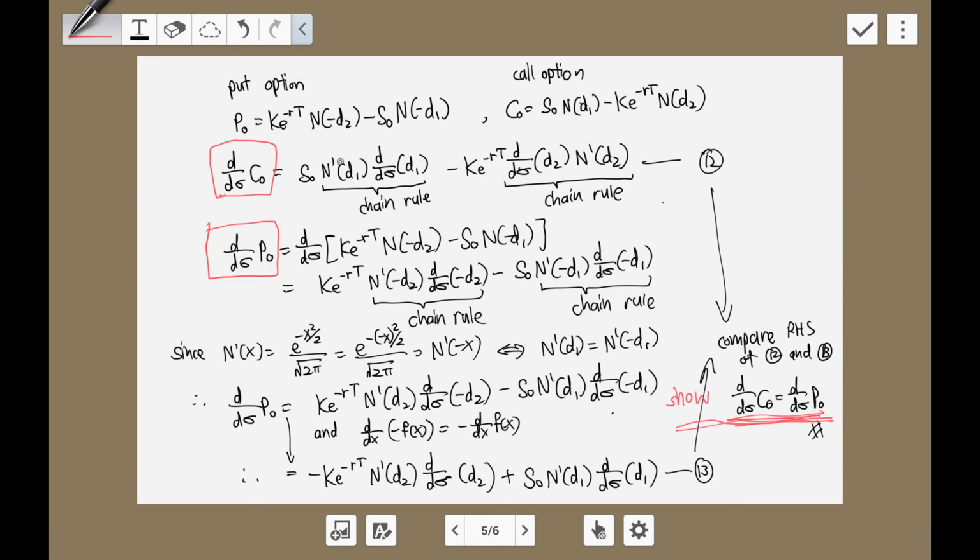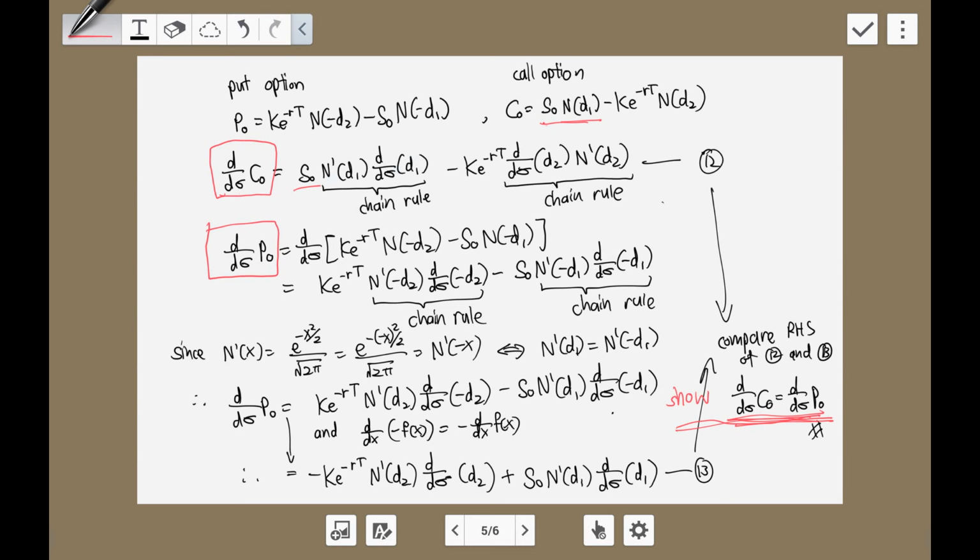For this part I'm keeping S naught, and differentiate this N prime d1 with respect to sigma. Now S naught, when differentiating with respect to the volatility sigma, is not a function of sigma, so you just treat it as a constant, fixed. Then N prime, when differentiating this, we just use the chain rule: differentiate this function, keep the inside, and then differentiate the inside.